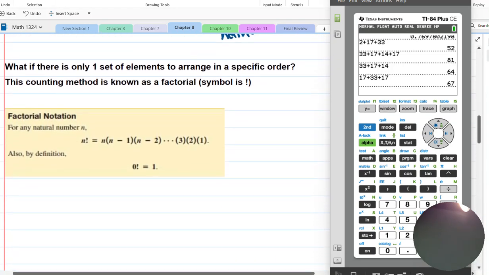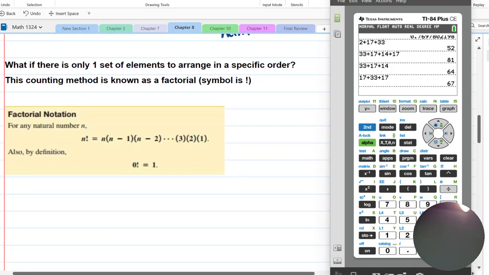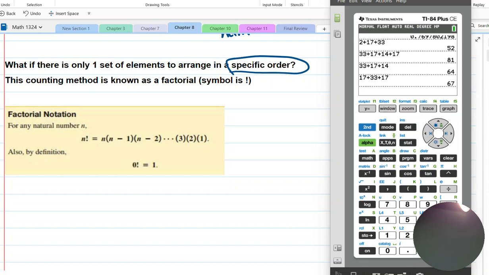All right, 12 ways with just the selection of 3 for the first and 4 for the middle. So let's look at this guy. Well, now we're going to consider what if we only have 1 set of elements to arrange in an order. Now, this is going to be very important. Well, this is known as a factorial. A factorial has a symbol of an exclamation point afterwards.